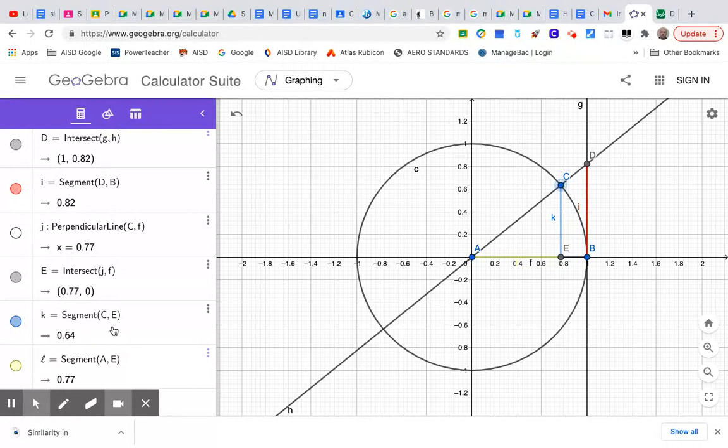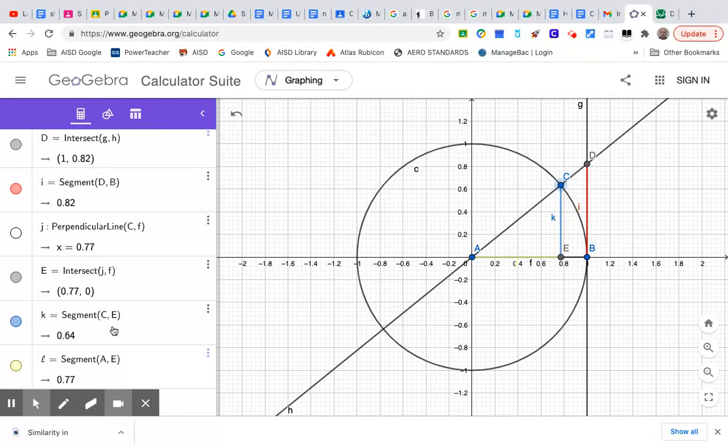Because the triangles are similar, the ratios of corresponding sides are in proportion. So I want you to write this down: CE over AE is equal to DB over AB. I'll repeat that.